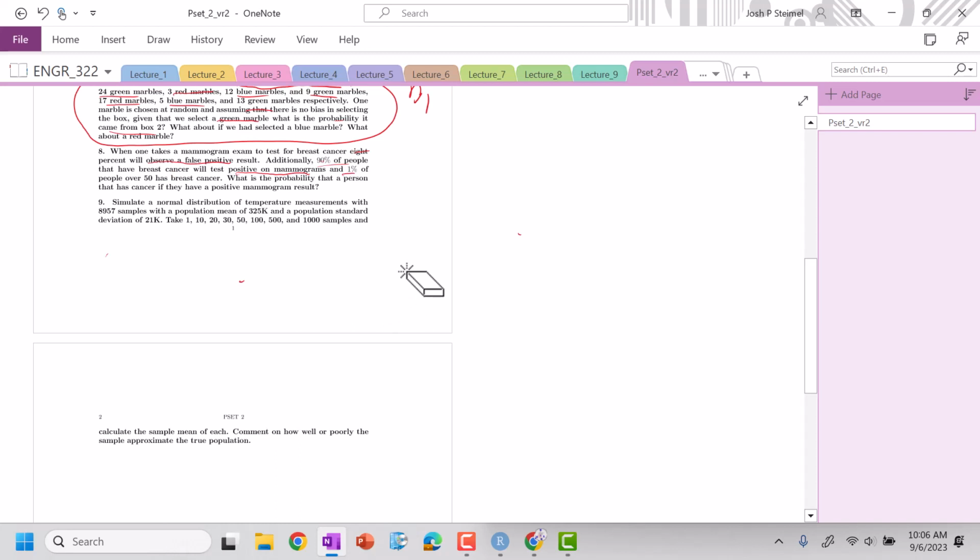The reason is that there are multiple possibilities that we have to consider here. For Bayes' theorem, we always start out with the probability of some outcome B sub 1 given A. Our A condition is what we're given.